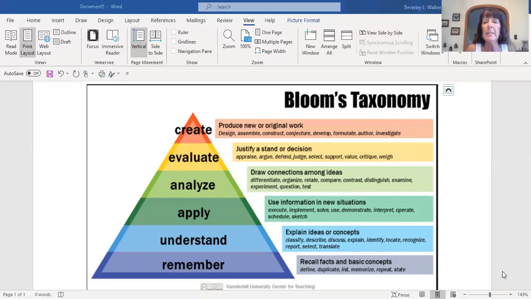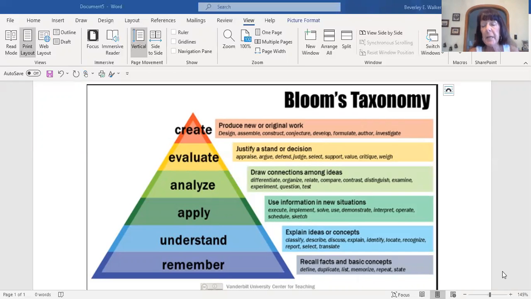Bloom's taxonomy is important because it enters into our learning objectives, and that's what the activity surrounding Bloom's and your lesson plan is: to determine which level of Bloom's your lesson plan is targeting based upon the learning objectives that are there.